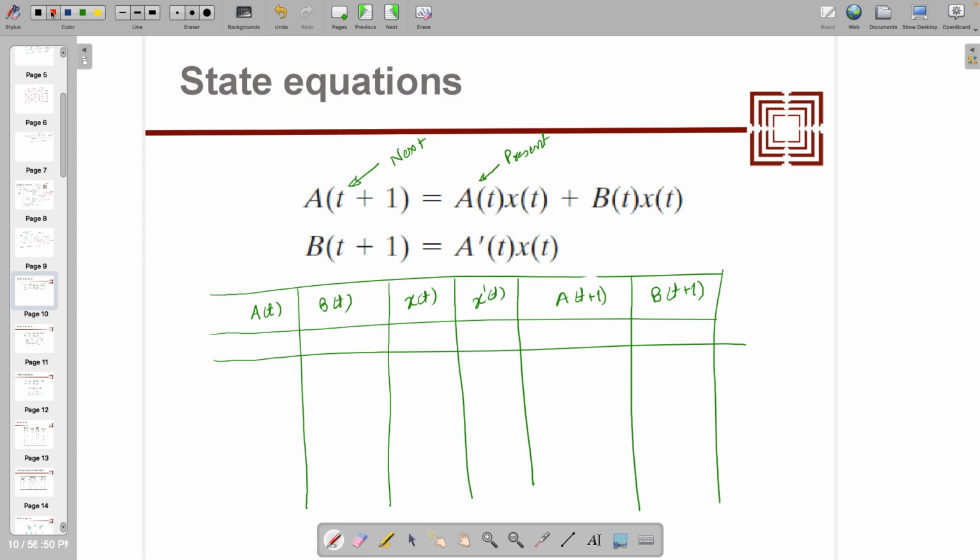So there are combinations. There are 3 inputs now, a, b and x. So we will have 8 combinations, right? I am writing few of them only.